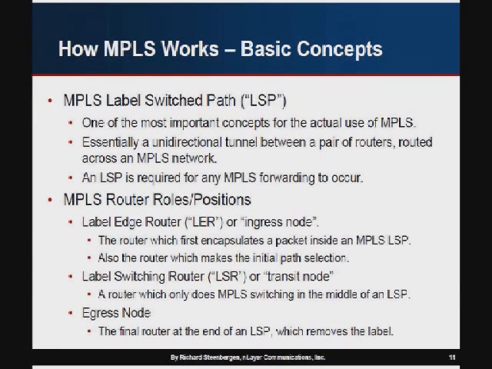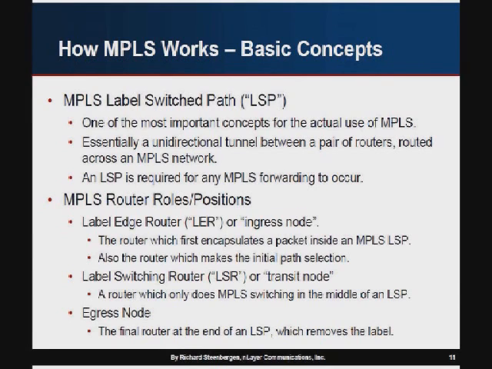So within your MPLS network, there's a couple of roles that the devices play. One's the label edge router, also called the ingress node, and that's the router that first encapsulates the packet. That's called pushing the packet onto the stack, or ingress basically. That's the router that does the first routing lookup and applies the label.